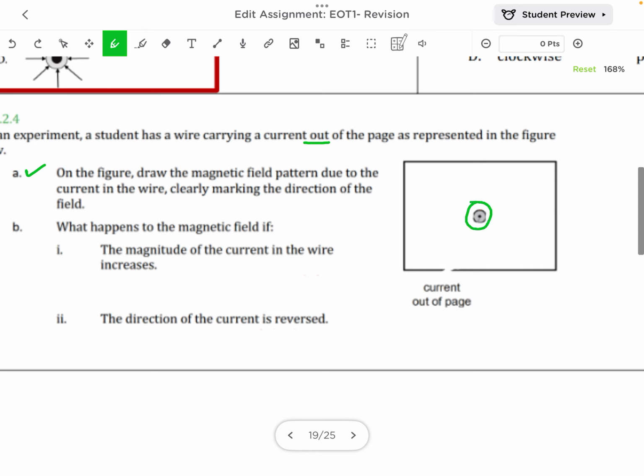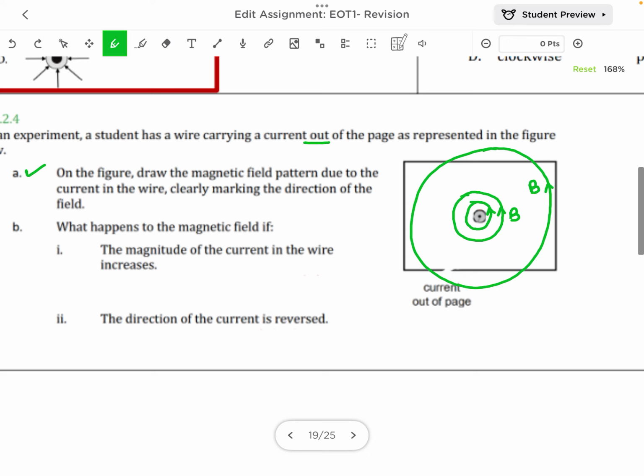So close to the wire, the field lines are close to each other, and a little bit further out, I will draw a field line that is quite further than the first two, meaning that there is a weaker magnetic field, and by curling my fingers, the magnetic field will rotate anti-clockwise.